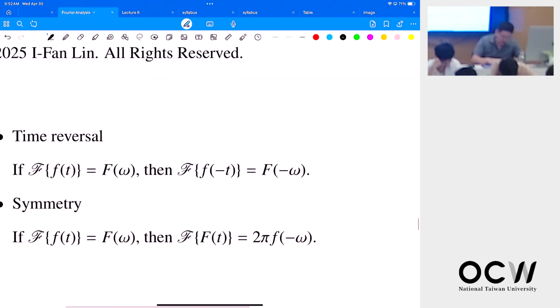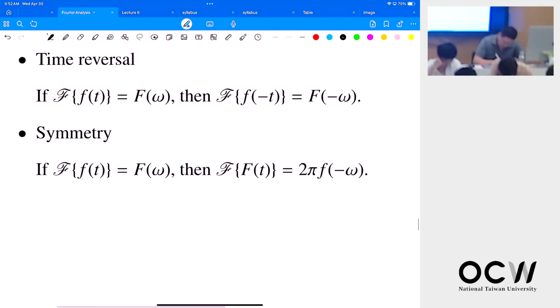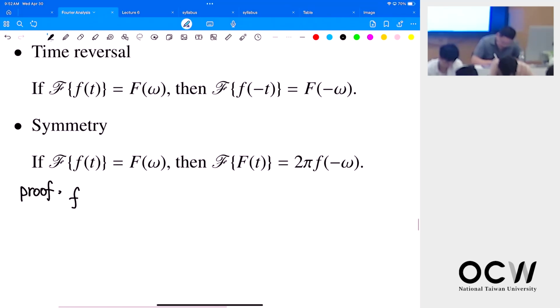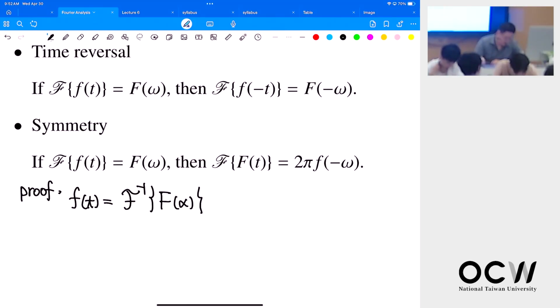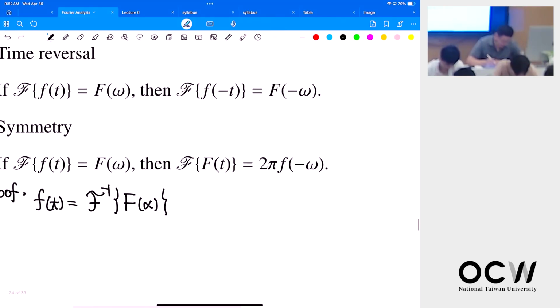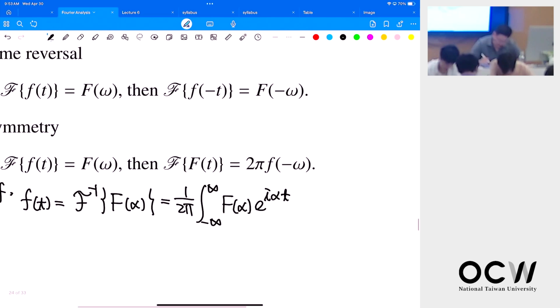Let's prove this. We know that to get the function f of t, we can take the inverse Fourier transform. The inverse Fourier transform is 1 over 2 pi, integration, e to the i alpha t d alpha.